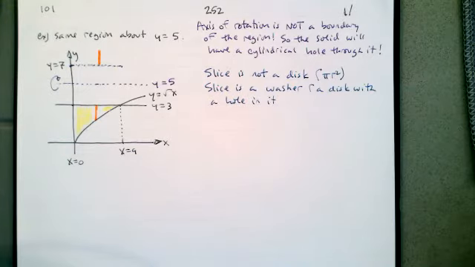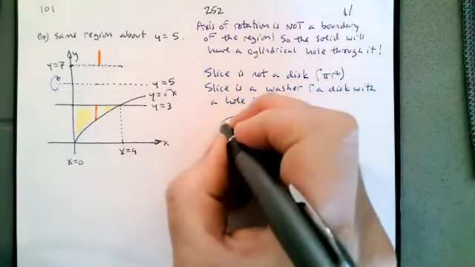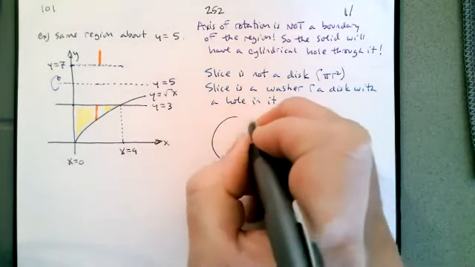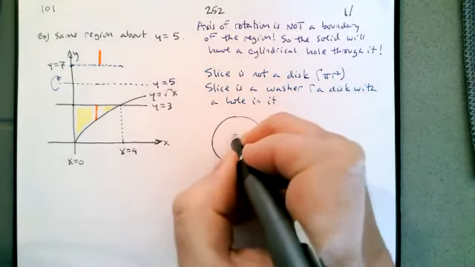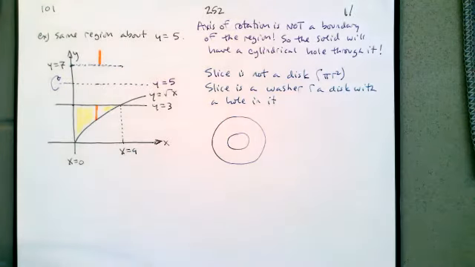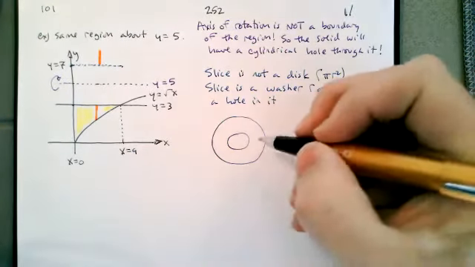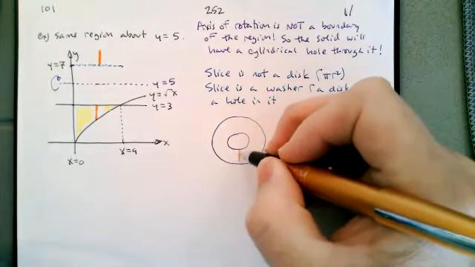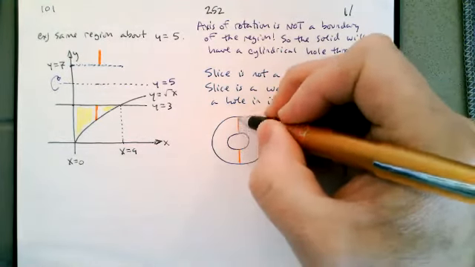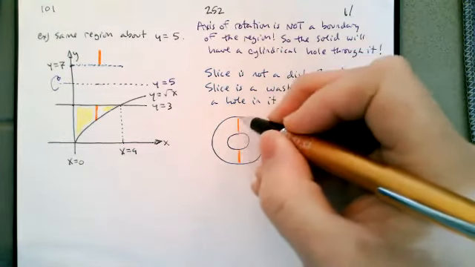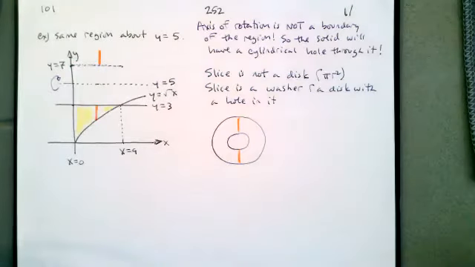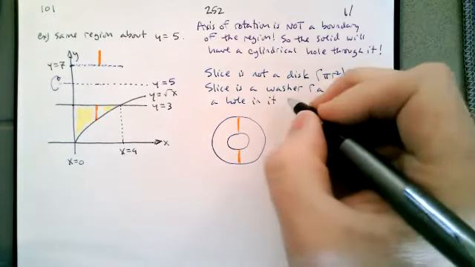And so what we're going to have is two radii. We'll have an outer radius and then the inner radius. And then this part that's getting rotated, that's what we're looking at labeled in the graph up here. So a washer has two radii.